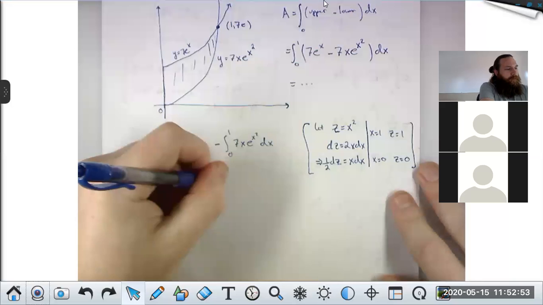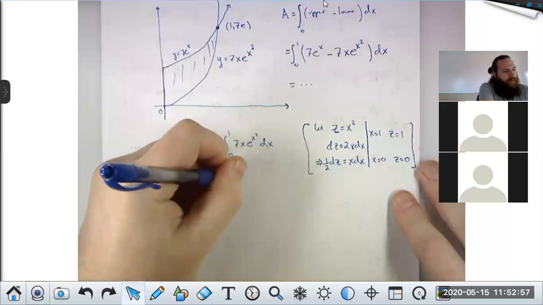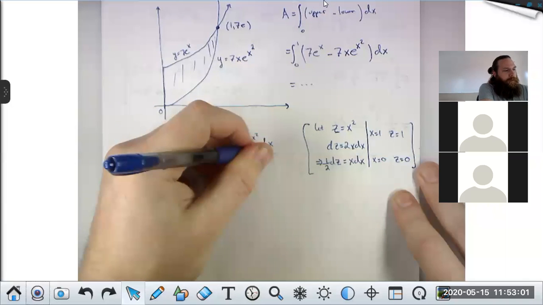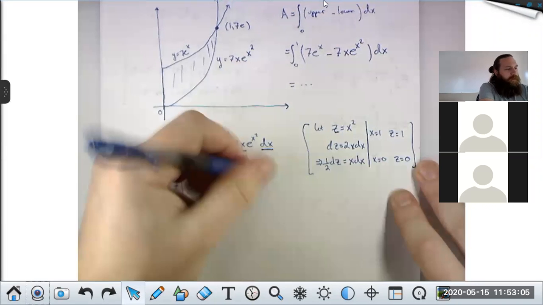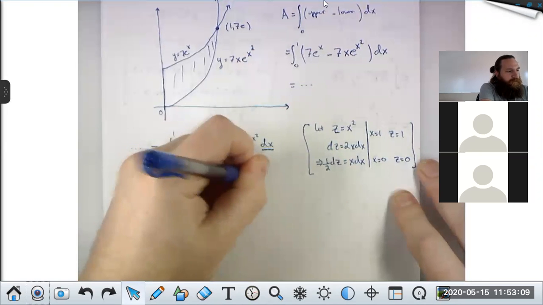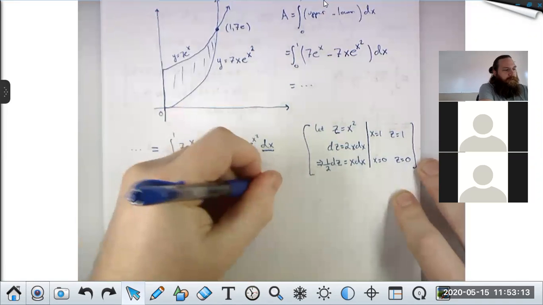And so this becomes minus the integral from 0 to 1 of 7, and then this x dx is going to be gone from my differential, so the x isn't going to be there. But I'll still have the e to the x squared, that's e to the z. And then x dx is 1/2 dz.